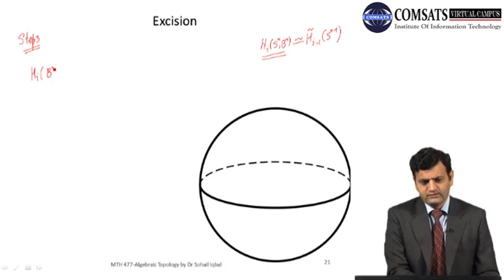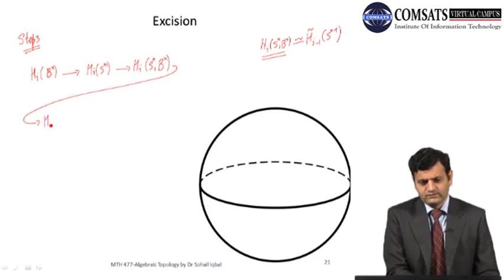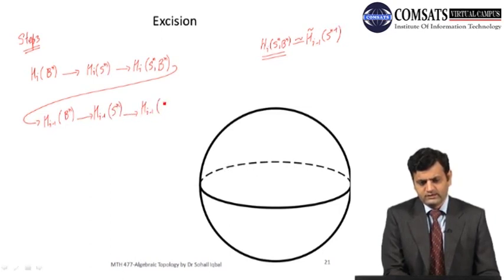Okay, so Hi(Bn) goes to Hi(Sn) goes to Hi(Sn, Bn) goes to Hi minus 1(Bn) goes to Hi minus 1(Sn) goes to Hi minus 1(Sn, Bn), and so on.